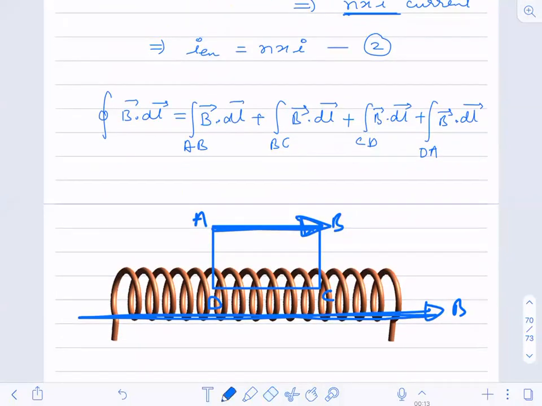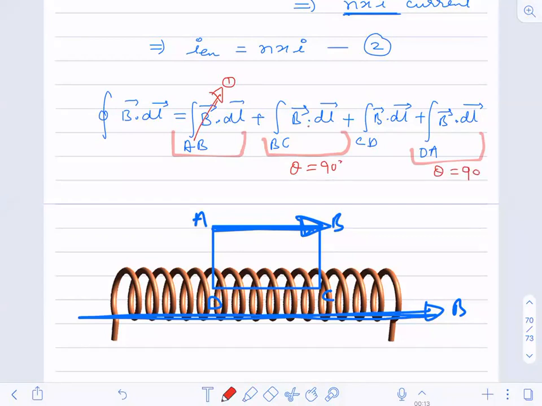For AB, for this integral, what is the value of the B vector? 0. Fine. For BC and for DA, theta is what? 90 degree.